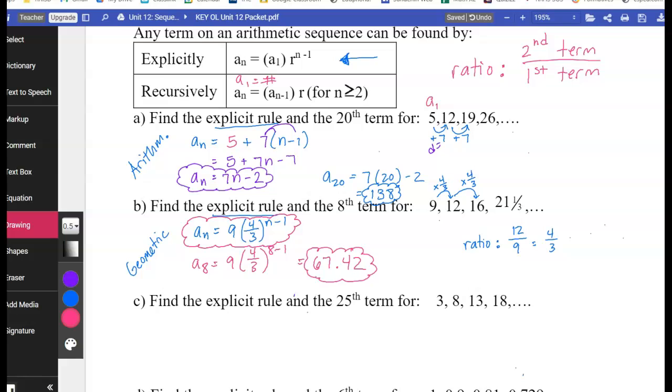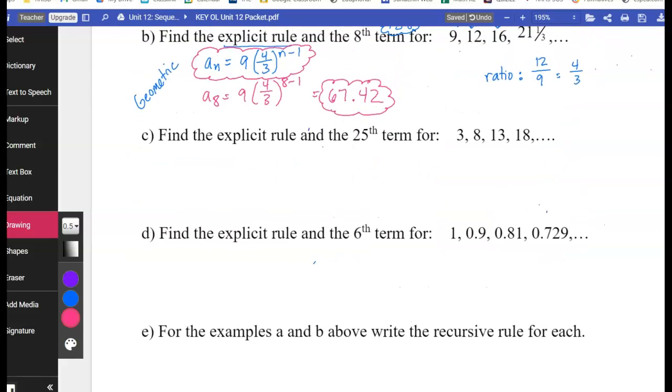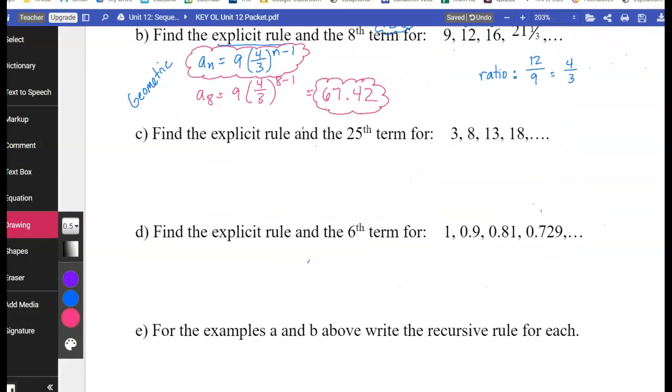Okay, we're not fully going to do C and D, but I do want us to identify, are these arithmetic or geometric? So in part C, what pattern do you see? Right, we're just adding 5 every time. So is this arithmetic or geometric?